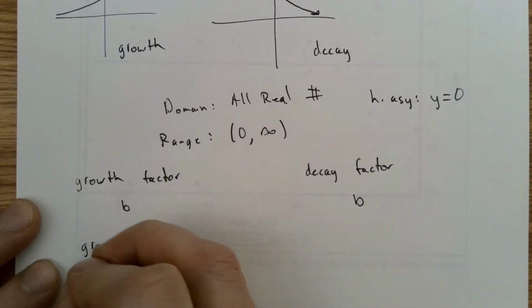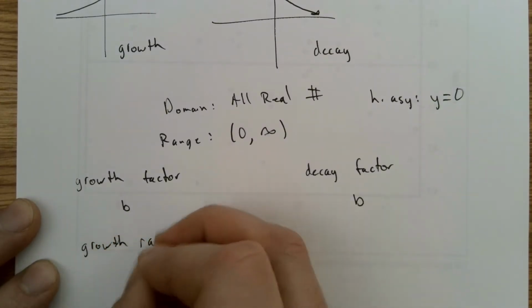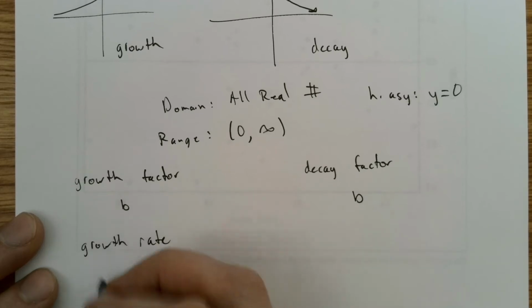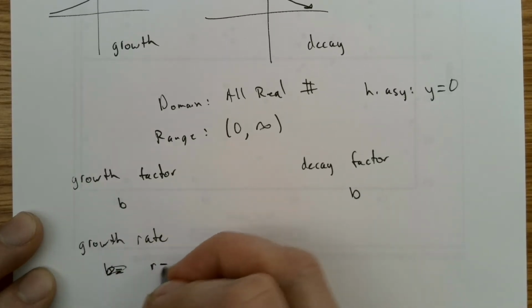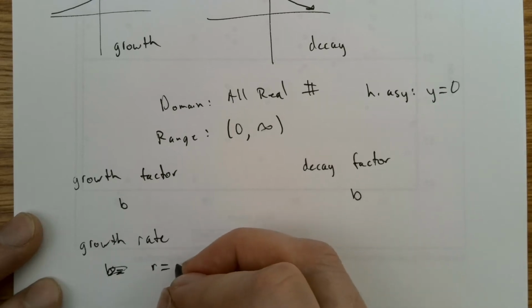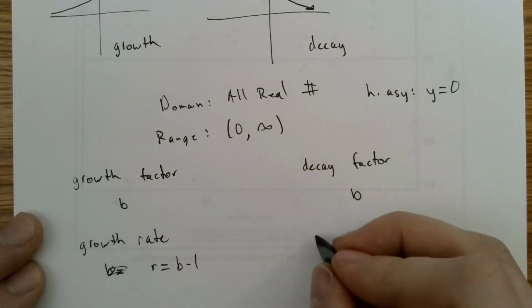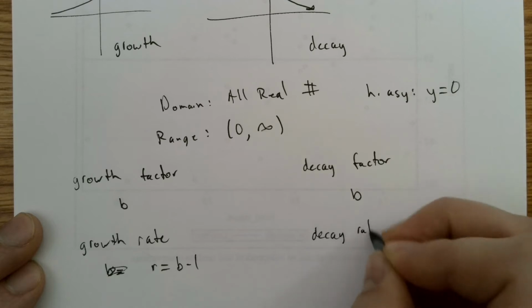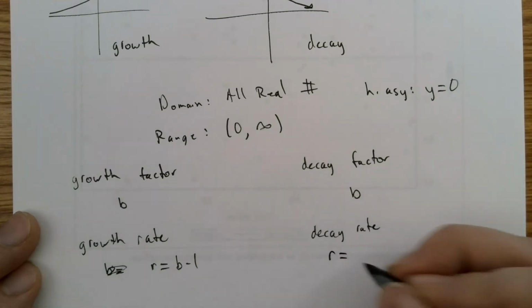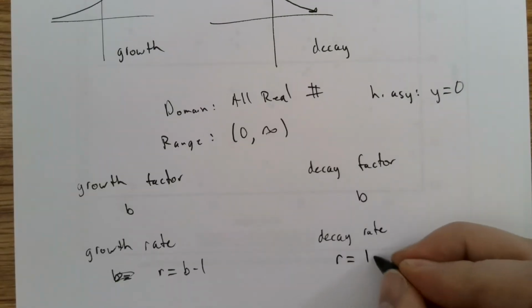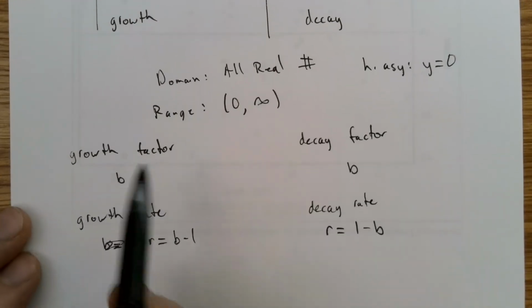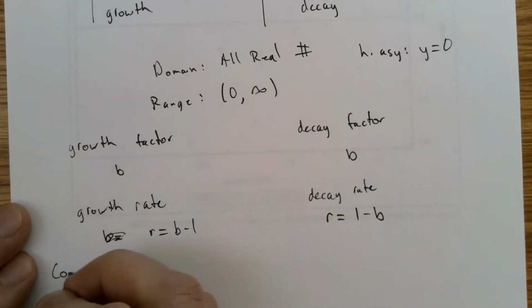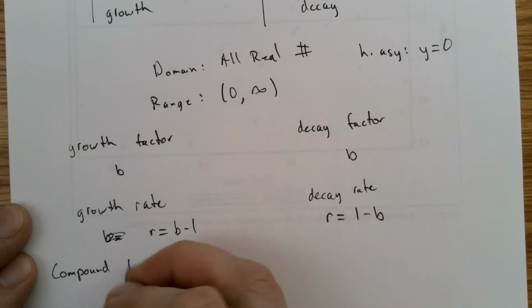And then the growth rate was the percent growth, and that was equal to, let's see, the rate was equal to b minus 1, where over here the decay rate, r was equal to 1 minus b. That's how we found those two things. And then we looked at a very specific application of these exponential functions. That was the compound interest function.